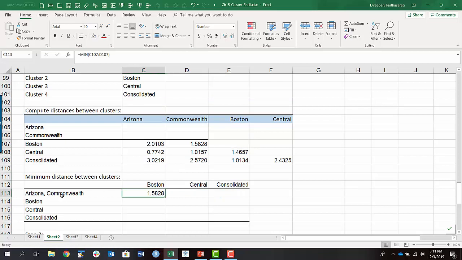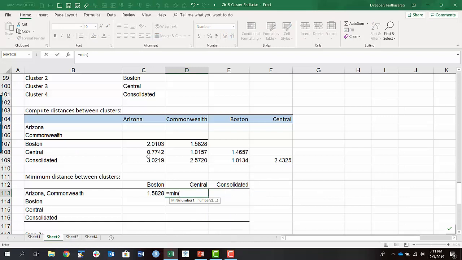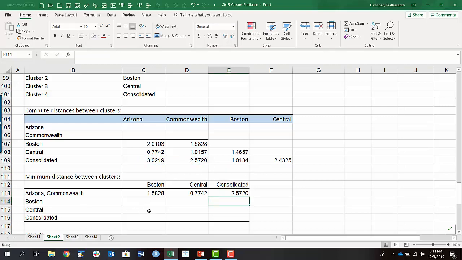Then to Central, it will be the min of Central and Arizona and Commonwealth, and then the min of these.